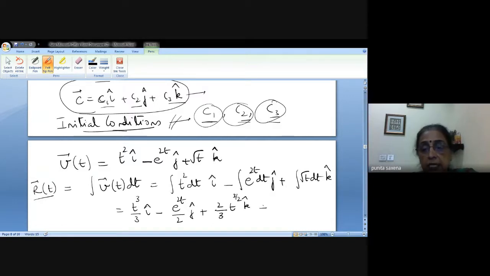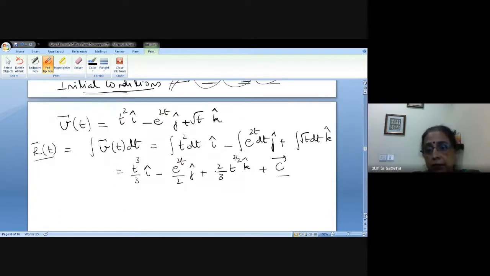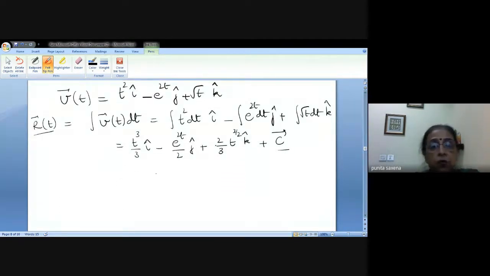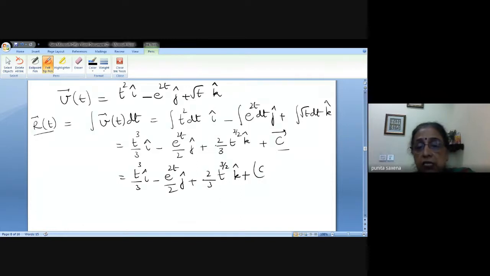But since I have integrated, I have a constant of integration attached to it, which is a vector. It is not a scalar now. This is a general integral. Or if you want, you can write it as t cube by 3 i minus e to the power 2t by 2 j plus 2 by 3 t to the power 3 by 2 k, plus c1i plus c2j plus c3k, because it's a vector.